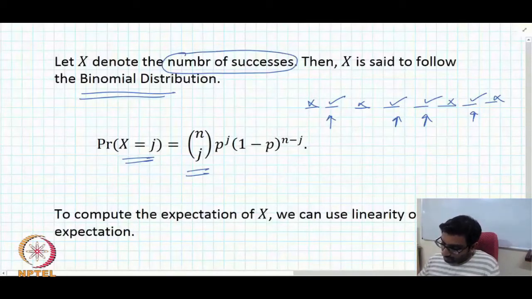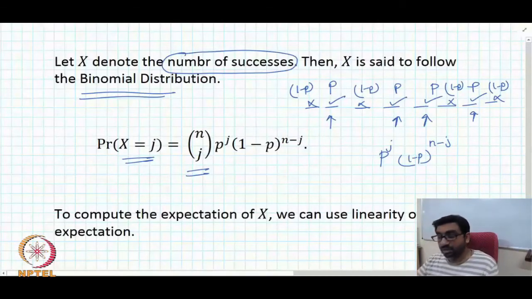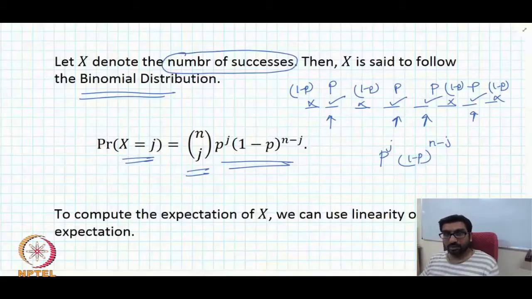Each success location occurs with probability P, so all of them together would be P raised to the J. And all the other locations will have to be failures, each with probability 1 minus P, so that's 1 minus P raised to the power n minus J, since there are n locations, J have been successes, and n minus J is the number of failures. And this is the probability of X taking a particular value J.